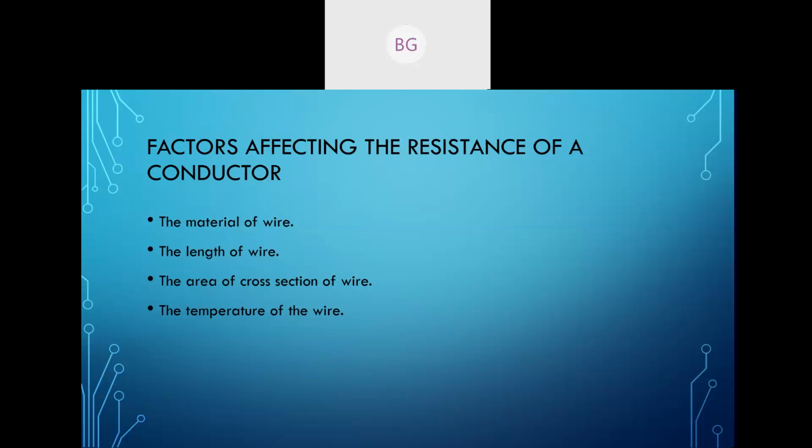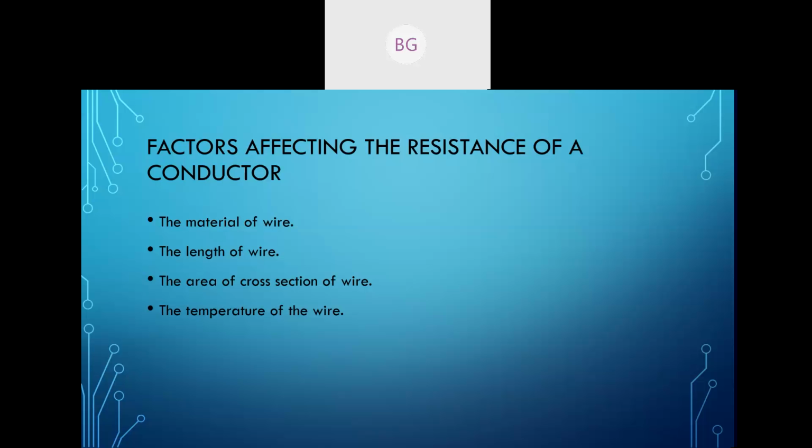So if the thickness is more, then resistance will be less, and if thickness is less, resistance will be more. That is why a thinner wire will have less current flowing in it. Thickness is nothing but the area of cross section. So if the area of cross section increases, that is, the thickness of the wire increases, then the resistance will be less.